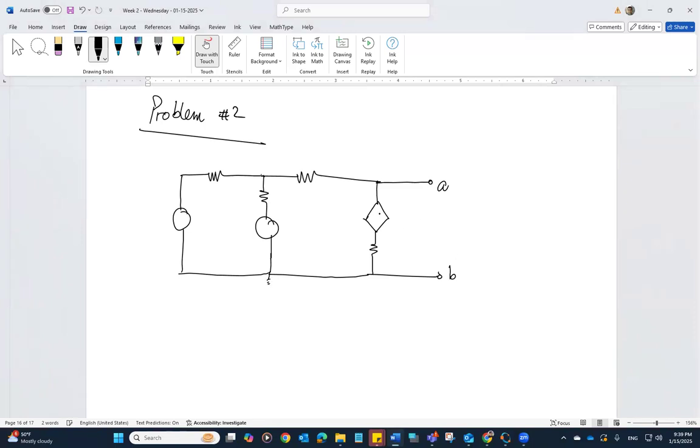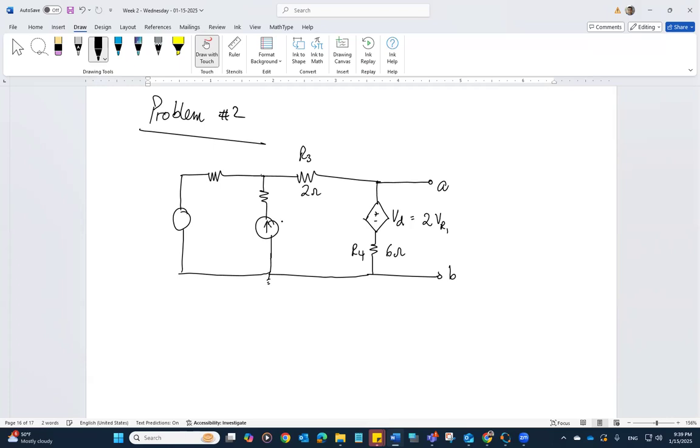Let's assume this to be ground. This is the dependent source with 2 VR1. This is R4, and R4 is 6 ohms. This is R3, which is 2 ohms.